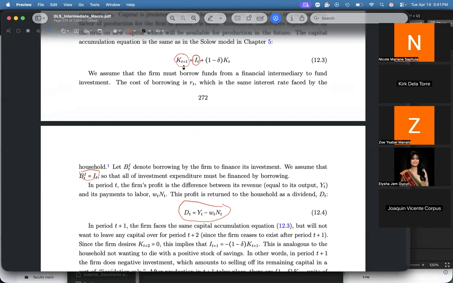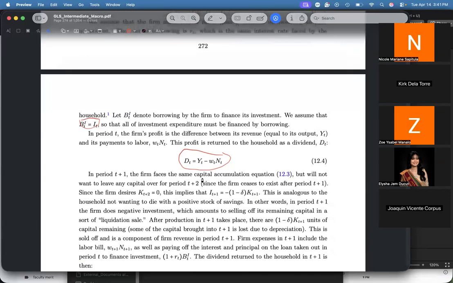2? 2 equals investment when? T plus 1. That's, diba? You're already in period T plus 1, right? So the investment is your decision in T plus 1. So eto siya. And then you're carrying over capital from T plus 1, which is, again, wala ka nang choice doon. Whatever carries over, that's what you're going to get, right?